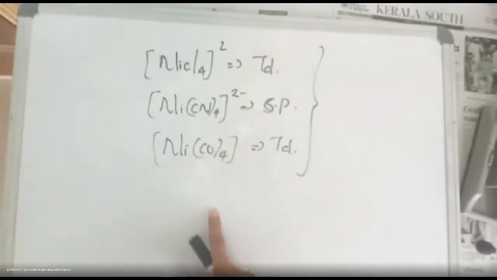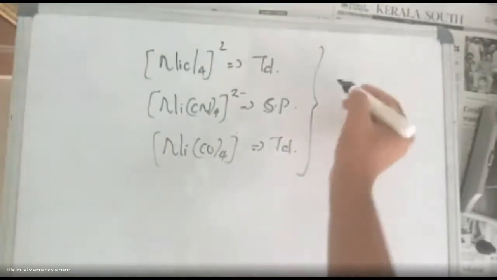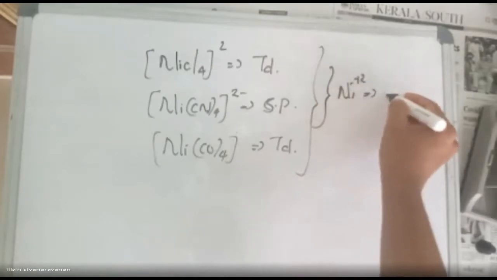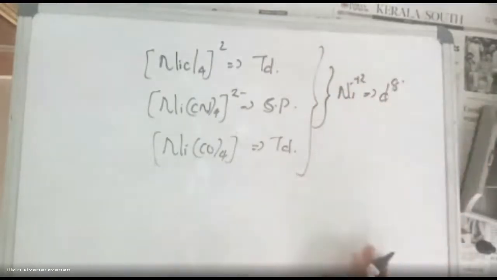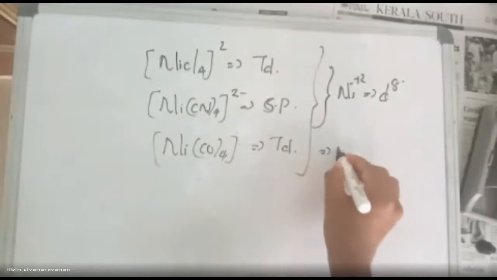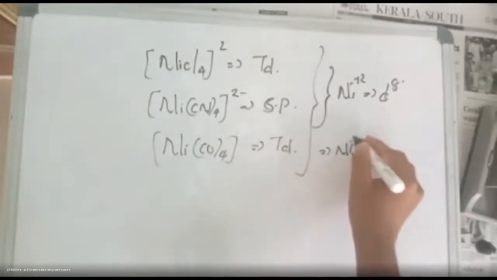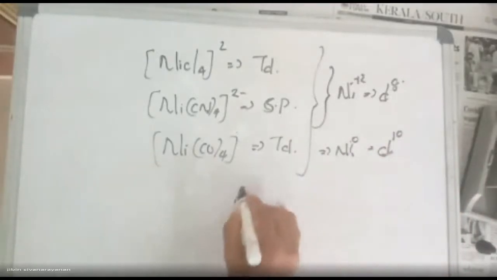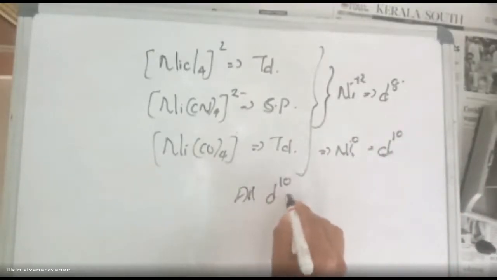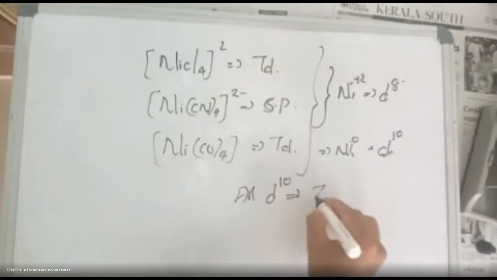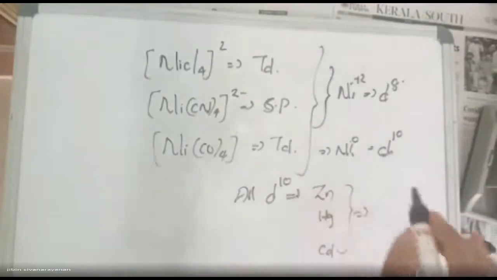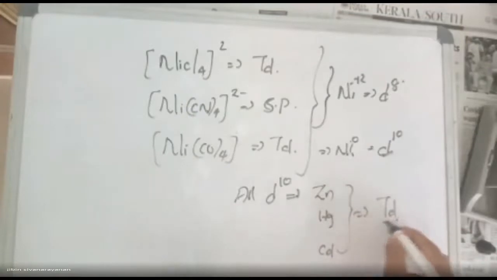Yeah, you can explain that way. In these two complexes, nickel is in the +2 state, that is D8 configuration. Here nickel is in 0 oxidation state, that is D10 configuration. So all D10 configurations, even zinc, mercury, cadmium, will majorly form tetrahedral complexes.